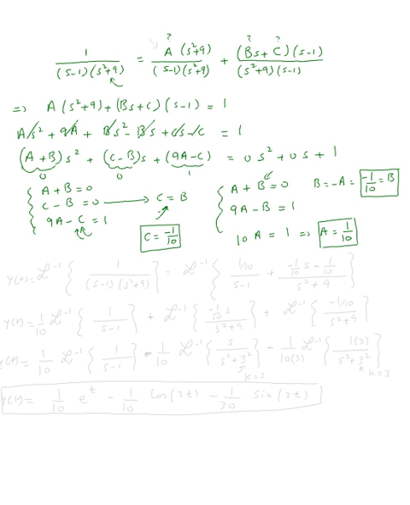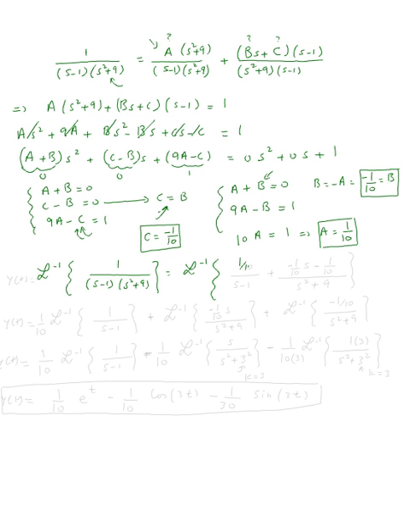Now all we do is just plug it back in here, right? So Laplace, let me do it in one shot. Laplace inverse of 1 over (s minus 1)(s squared plus 9) is equal to Laplace inverse. Remember, it's A over s minus 1.